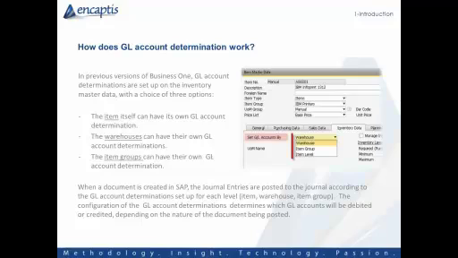Right now you can really only choose from one of those 3 levels: the warehouse, the item group, or the item level. You'll see later in the presentation that the advanced GL determination allows you to have different criteria and many more rules on how to determine where the transaction should be posted.